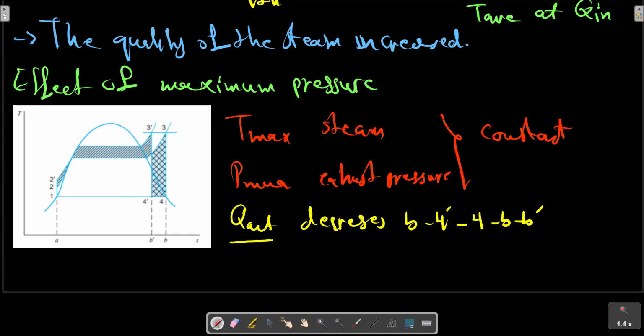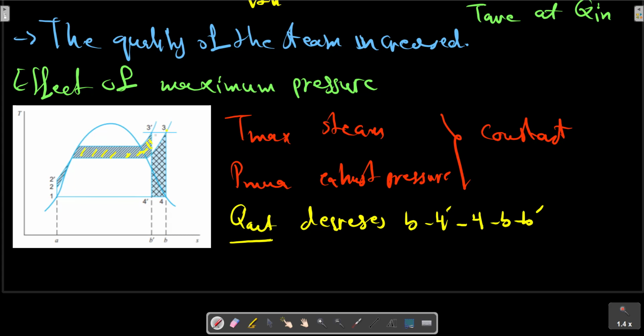The network increases by the amount of single cross hatching, this area, G prime 4 prime.